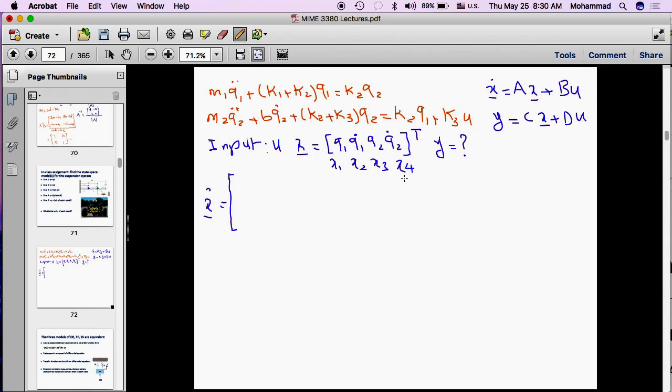If x1 is q1, what is x1 dot? Exactly. What is x2 dot? X3 is Q2 dot, and X4 is Q2 double dot. That is the meaning of X dot.